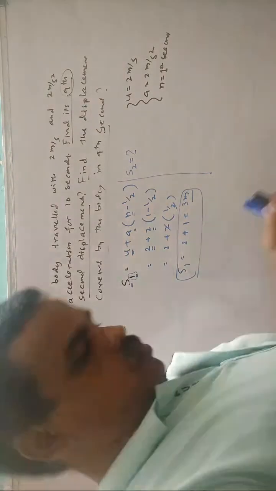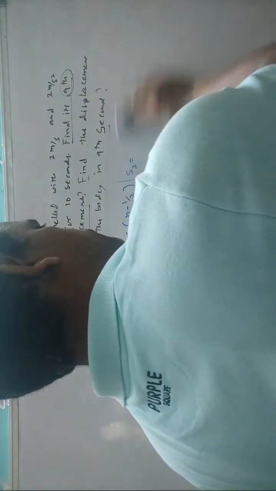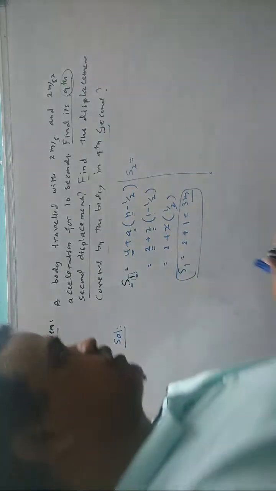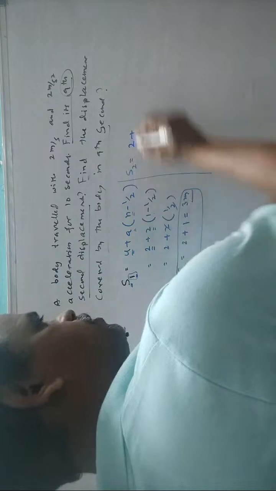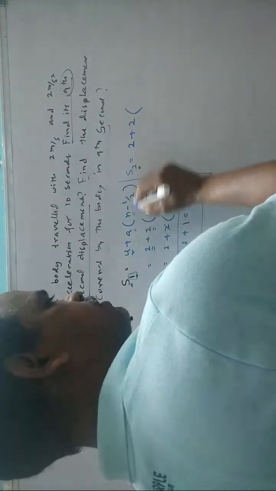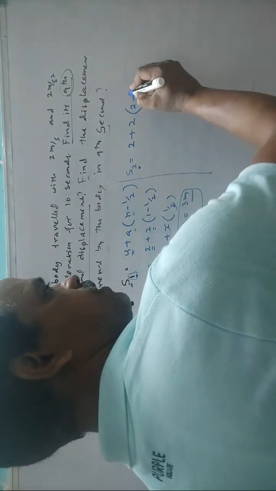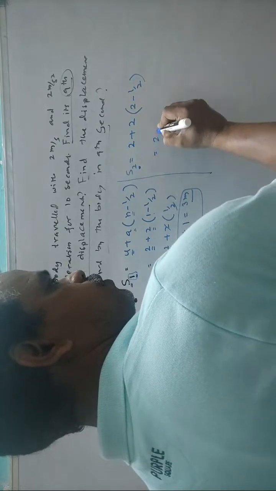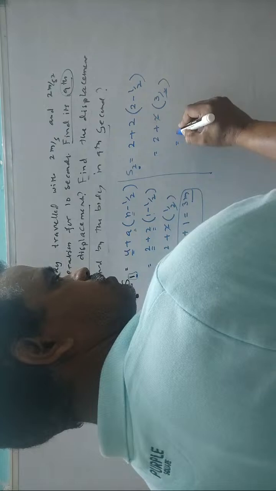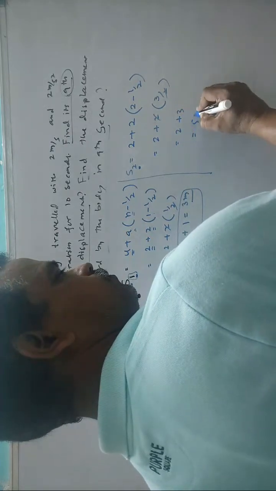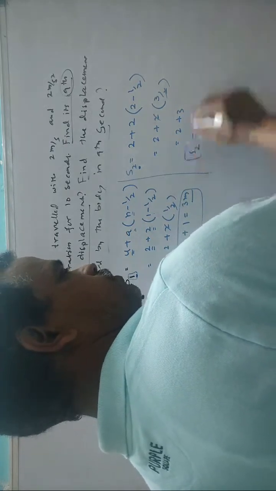Then S2. I will check. You got the answer? 5 meter only. I will check for S2 here. u equal to 2, a equal to 2, second, that means 2 minus half. 2 plus 2, 3 by 2, 2 cut, 2 plus 3, 5 meter.